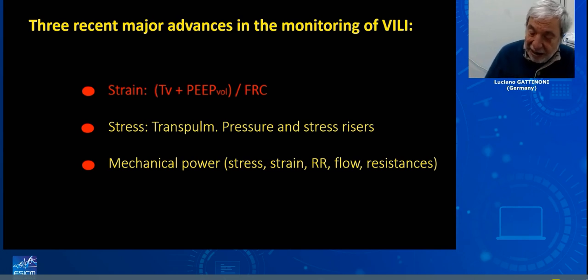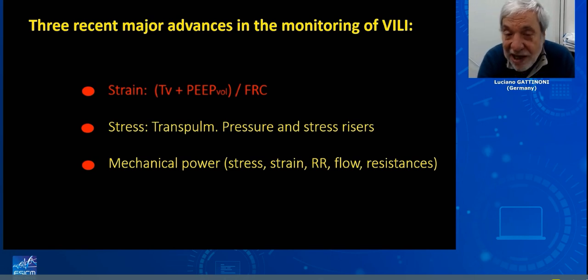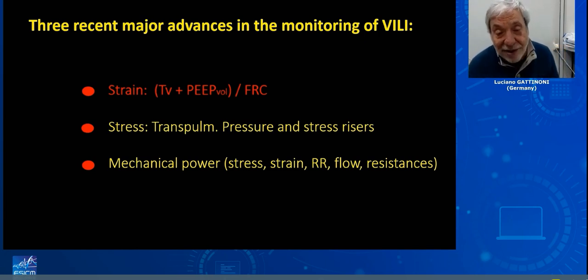So in lung physiology, very roughly, we can say that the strain is the deformation of the lung, so the change of lung volume. And the stress is the reactive force we develop to the applied force. And the applied force is transpulmonary pressure.